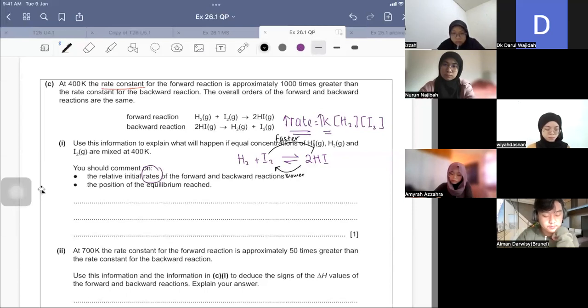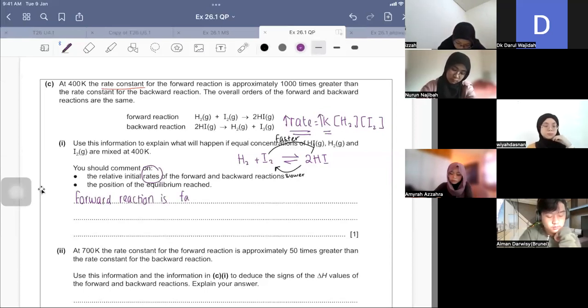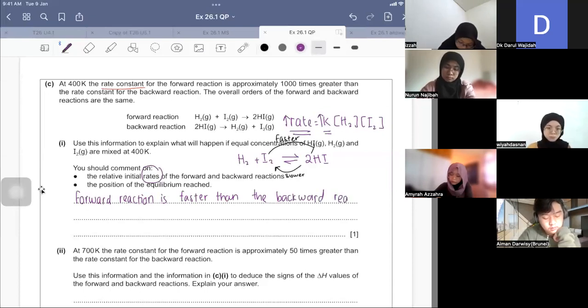We will say that the forward reaction is faster than the backward reaction. We also need to comment on the position of the equilibrium. Since the forward reaction is fast, that means more products will be formed.